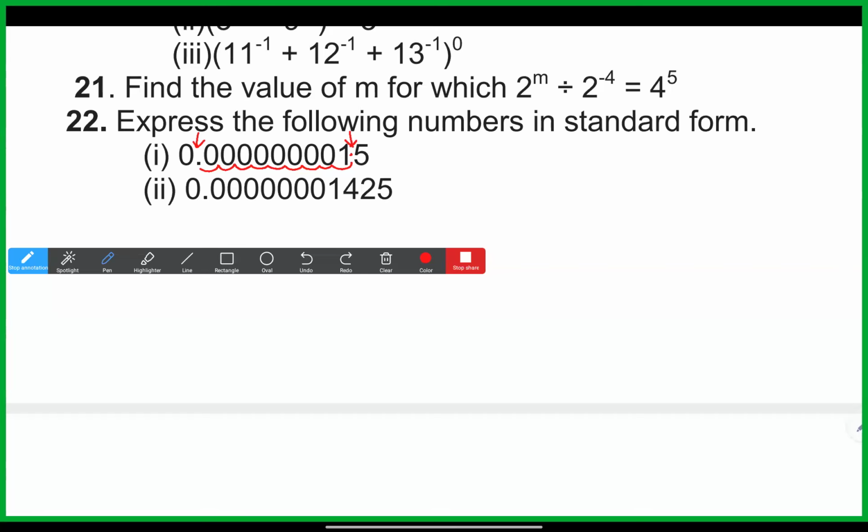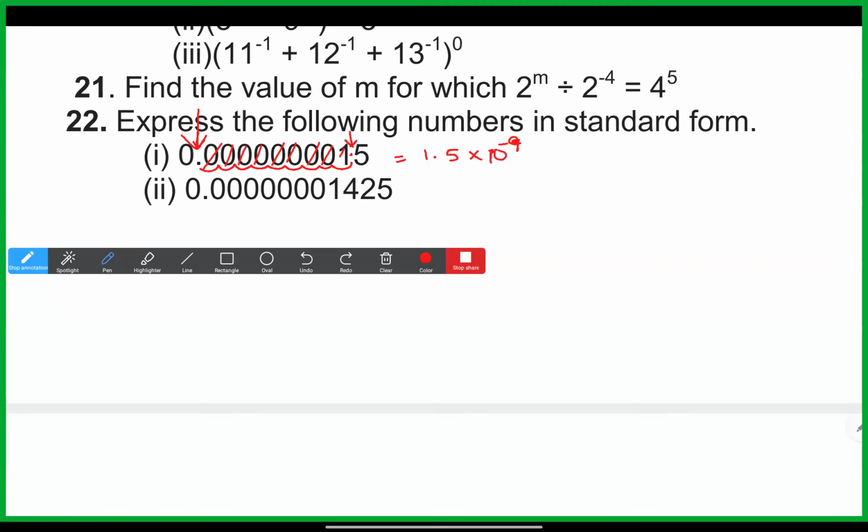From the existing decimal place, 9 places I moved to the right side. So finally it will become 1.5 into 10 power minus 9, because I moved 9 places. If 8 places I move, minus 8; 6 places I move, minus 6, like that.